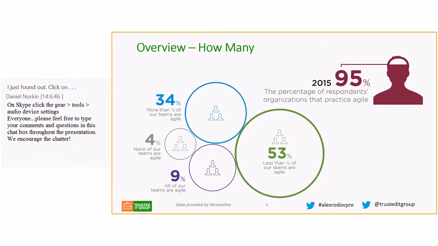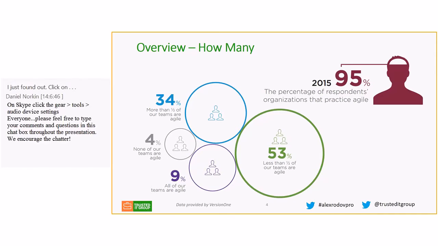But regardless of what the organization is, they are practicing Agile to some degree. Some more extensively, some not. That's the research data provided by the Version 1 annual report. Version 1 is one of the Agile tools.